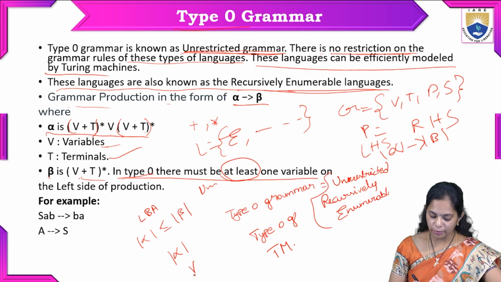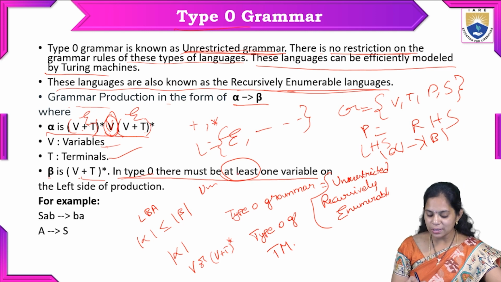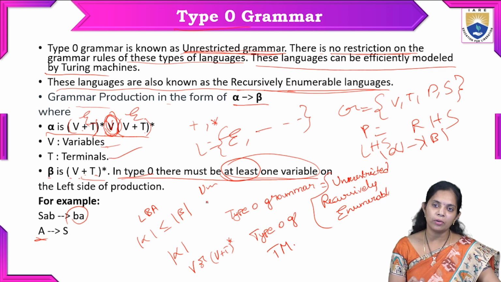If you substitute V plus T whole star with epsilon, the V must still be there. Alpha has at least one variable on the left hand side along with terminals, and beta is a combination of V plus T, or only a single V or single T, whatever is accepted.